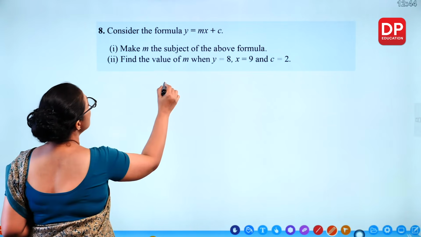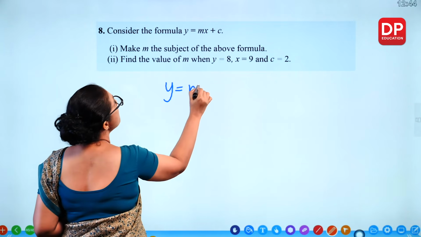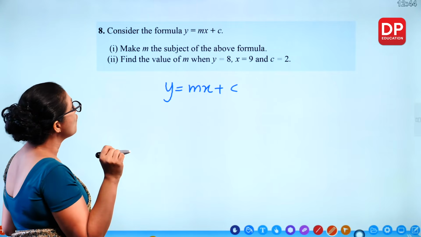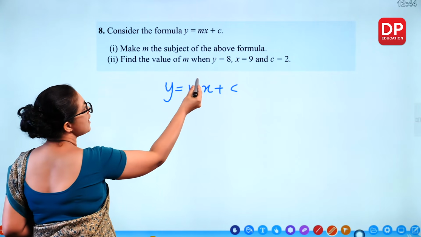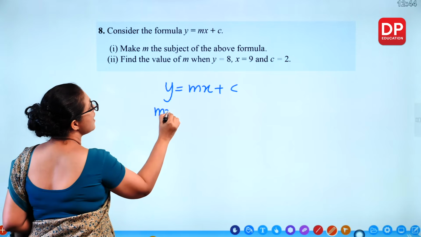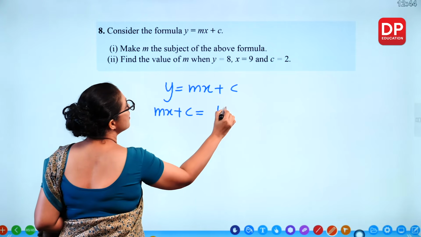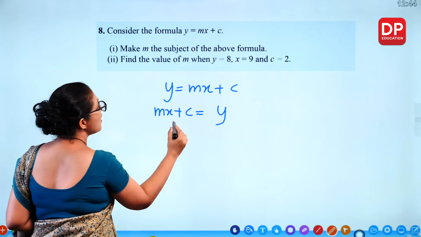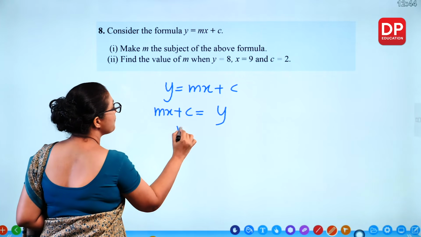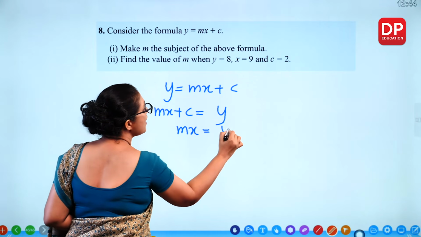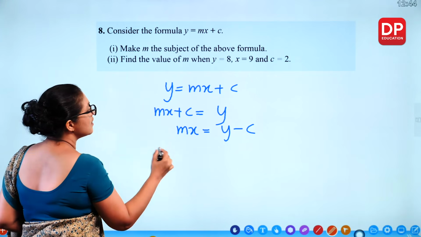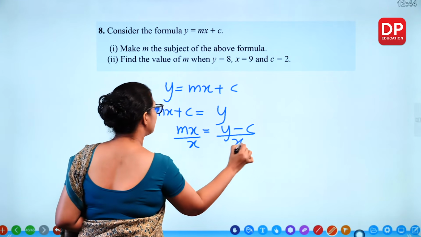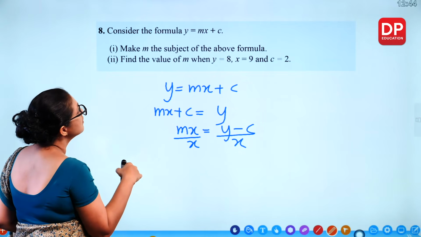Look at this one. Y equals mx plus c. Make m as the subject of the formula. So you have to take this one. So I'll rewrite the equation this way, and I need to keep this one, take c to the other side. So mx becomes y minus c. So divide this by x. You can get m.